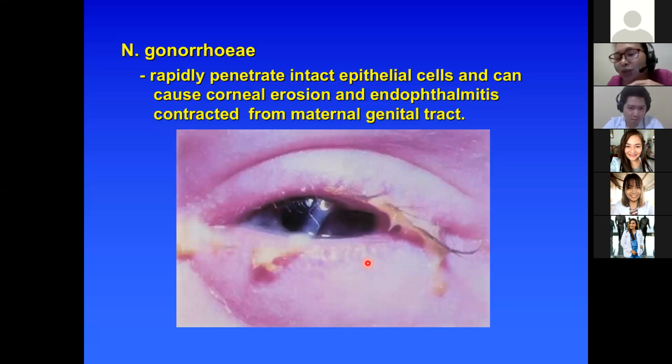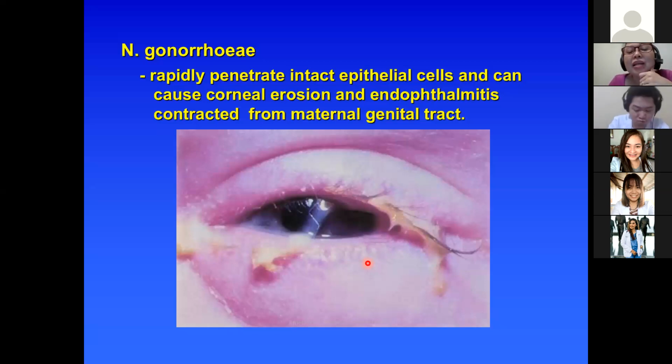The central corneal ulcers are usually caused by Pseudomonas, Strep, Moraxella. Peripheral: gonorrhea, Neisseria, and your staph.